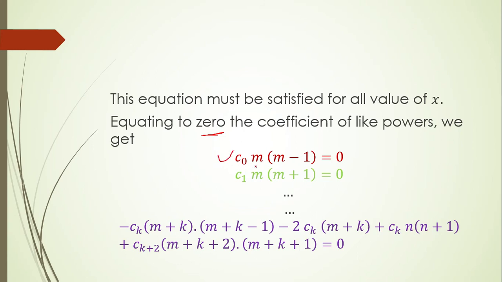First, C0 into m into (m minus 1) is equal to 0, C1 into m into (m plus 1) is equal to 0, up to the last term: minus c_k (m plus k)(m plus k minus 1) minus 2 c_k (m plus k) plus c_k into n(n plus 1) plus c_{k+2} into (m plus k plus 2)(m plus k plus 1) is equal to 0. This is first, this is second, and this is last.